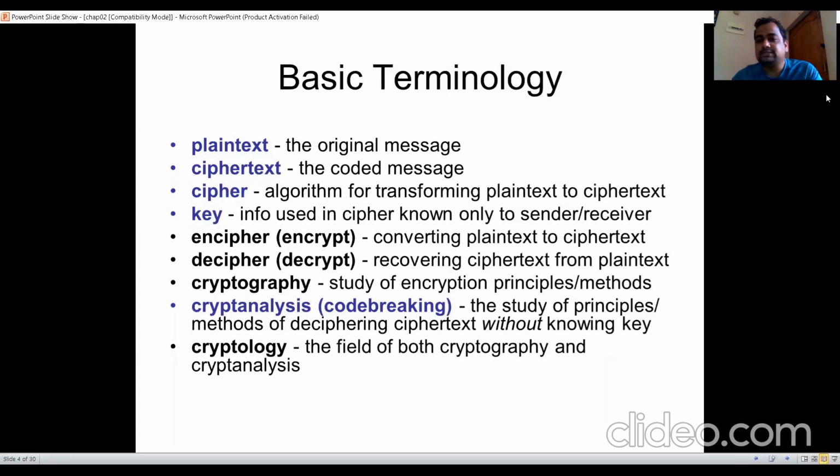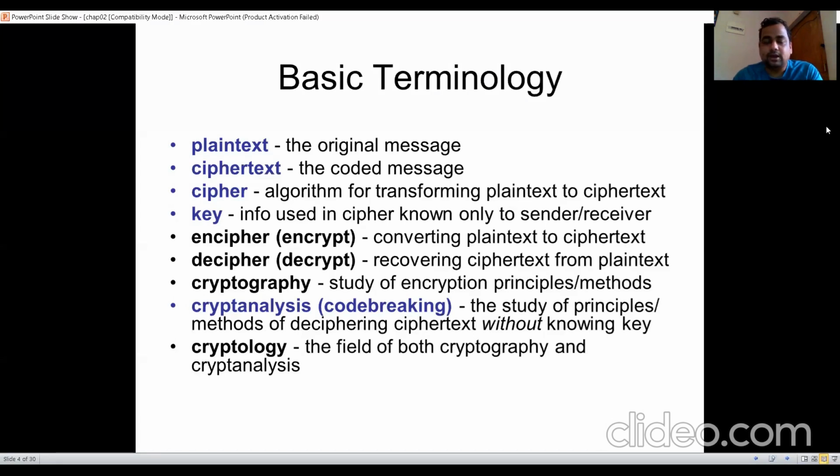Now what exactly is cryptography? The term is associated with both encryption and decryption. The principle of studying encryption methods and decryption methods is called cryptography: how we can encrypt a message to form a ciphertext, and how we can decrypt a ciphertext to form a plain text.